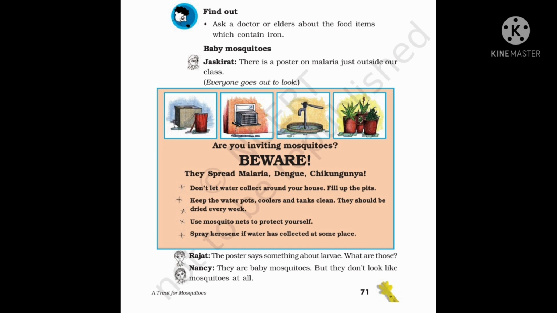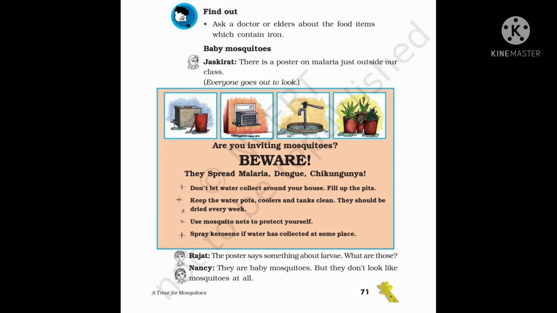Next, use mosquito nets to protect yourself. At night time, when you go to sleep, put on a mosquito net and it will protect you from the mosquitoes. And finally, we have also learnt a bit about this one.